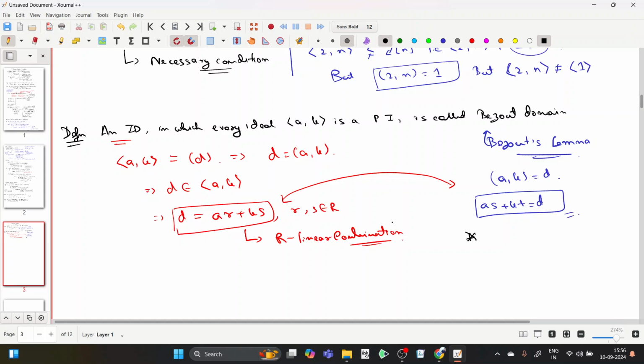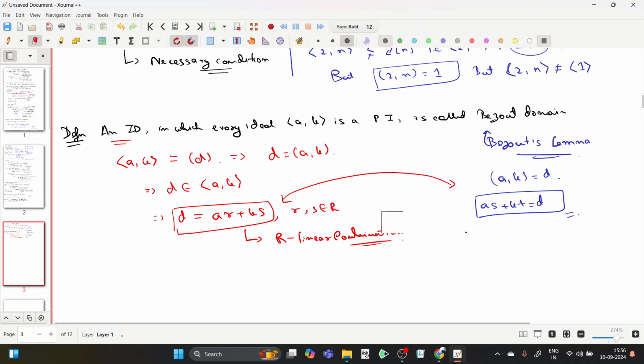That is, if you have a GCD, you cannot necessarily express it as an R-linear combination of the elements. Okay, so let it be for now. We will talk about it later. Okay. Clear?